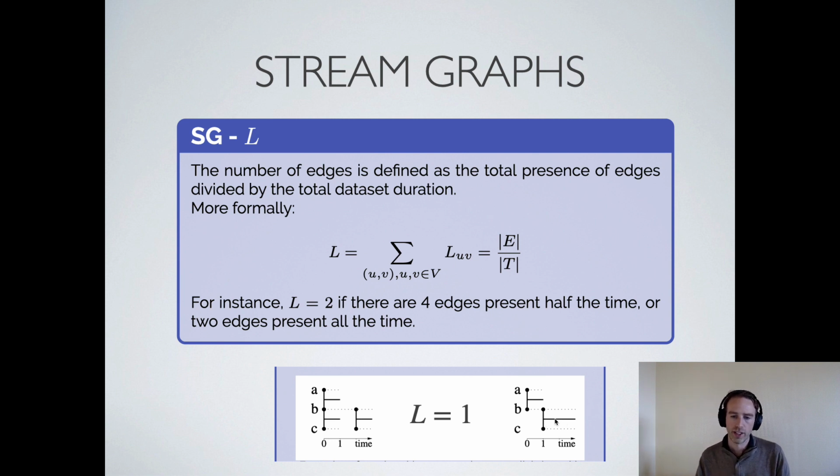So obviously, on average, there is one edge. It's the same thing on the left. You have an edge of duration 1, an edge of duration 1, another one of duration 1. So it's a total of 3 that you divide by the total duration of the graph, which is 3, and you get a value of 1.